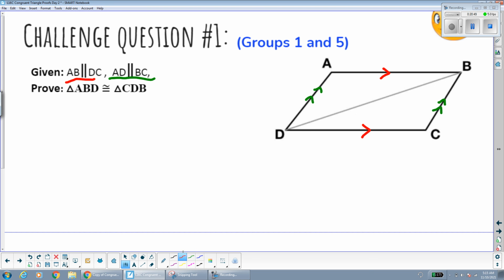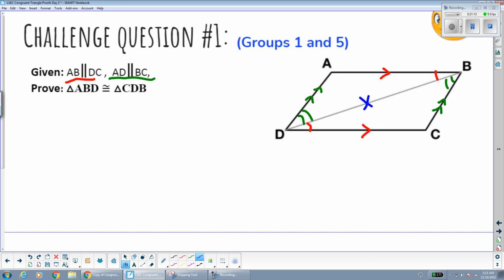So notice that you have two pairs of congruent alternate interior angles here. So already we have two pairs of congruent angles. And we have a shared side between the two triangles. It's congruent to itself by the reflexive property. So we have angle, side, angle.